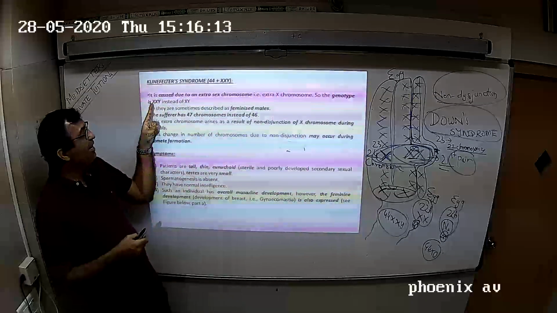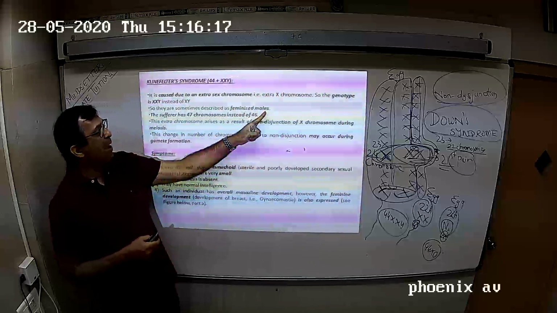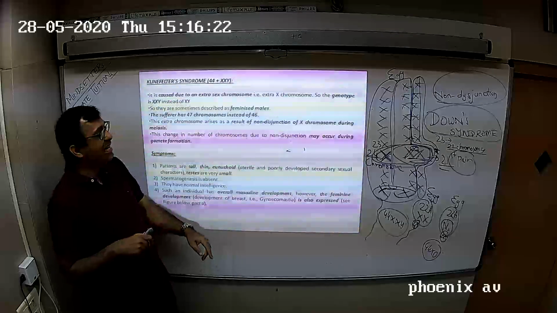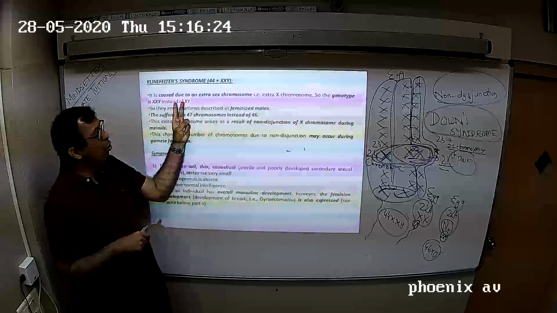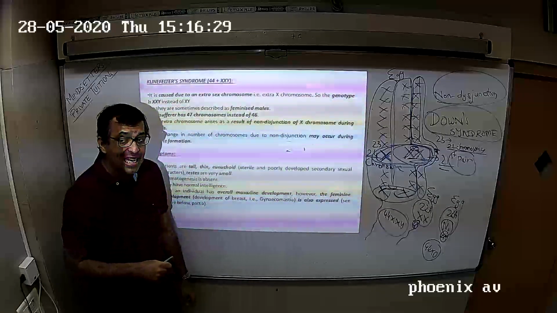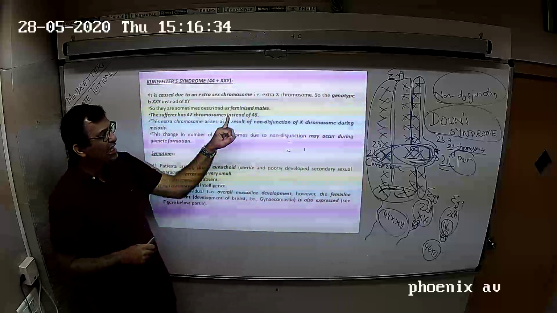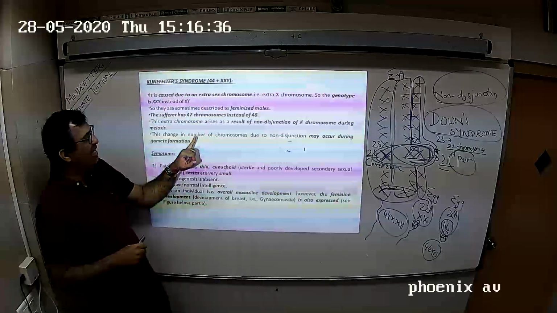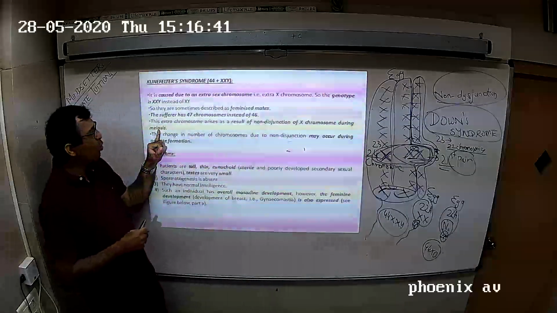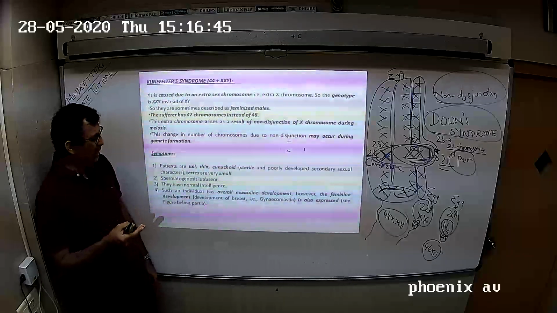So instead of XY, they are XXY, and they are called feminized males. They are males, but they have feminine characteristics because of two X chromosomes. The sufferer has 47 chromosomes instead of 46, and the extra chromosome is due to non-disjunction of the X chromosome during meiosis. And what will be the features of this male?